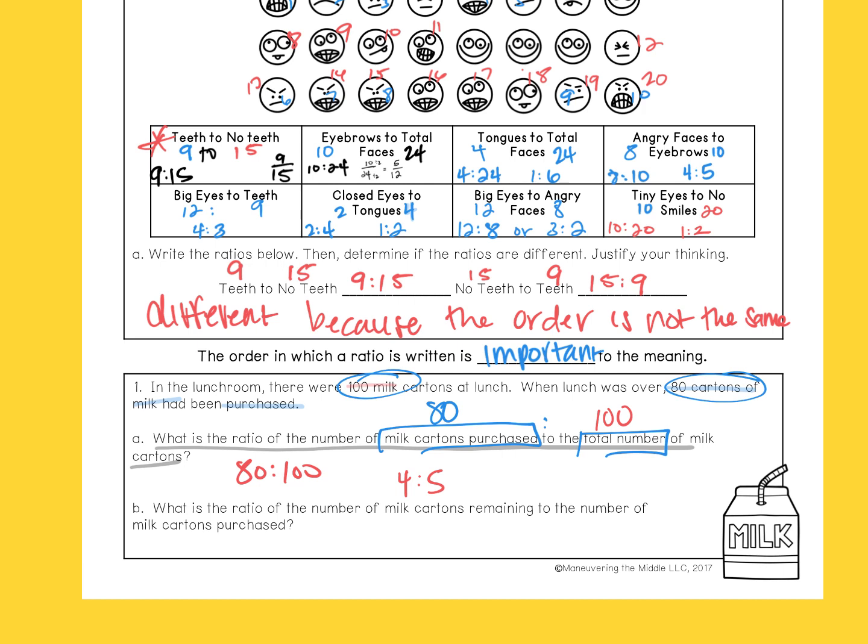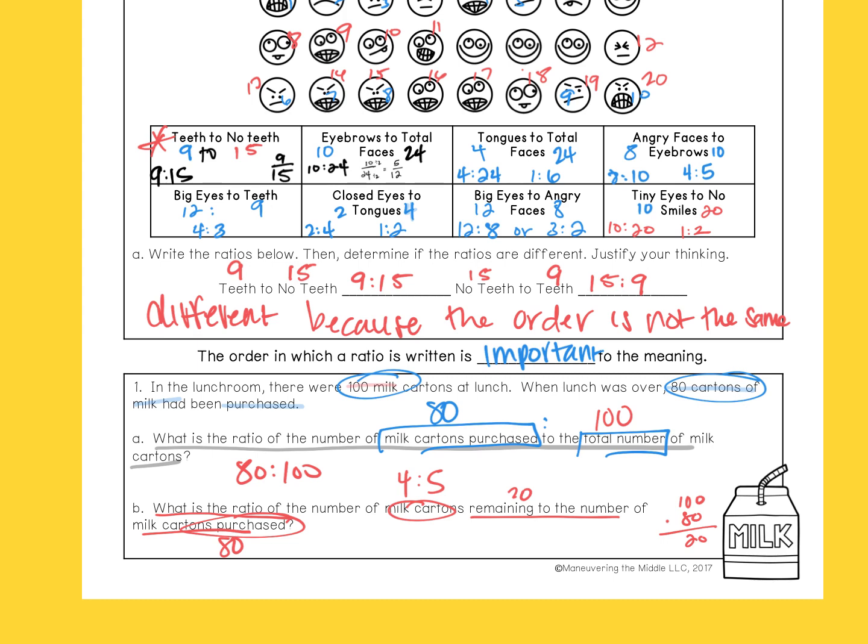So in this problem, it says, what is the ratio of the number of milk cartons remaining to the number of milk cartons purchased? So our problem says 80 of them were purchased. There were 100 of them total, so we know that 100 minus the 80 that were purchased will give us 20 remaining milk cartons.